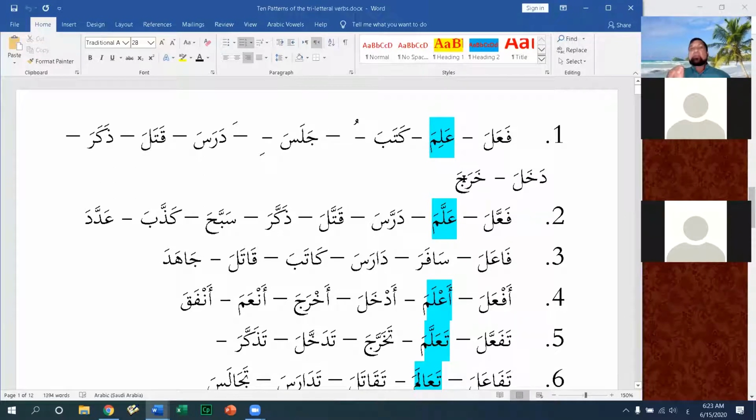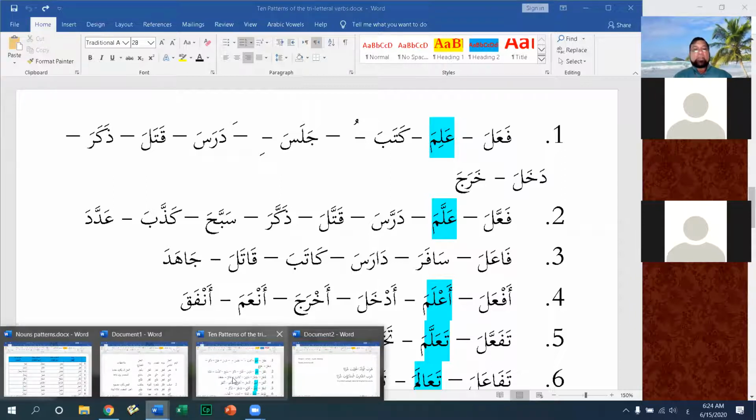You just take the verb, put an alif between the fa and the ain. Let's take دخل: da, and then you put a kasra on the ain. This is the pattern. This is always the case. And then you put tanween dhamma on the ending. داخل. That's how we form ismul fa'il from the verb itself. And that's easy.